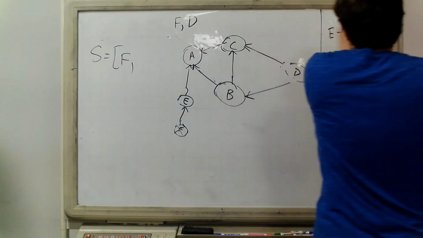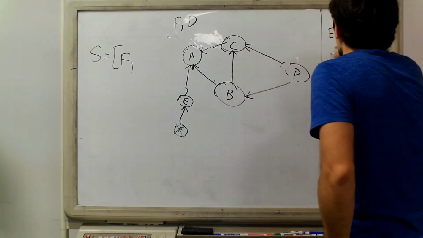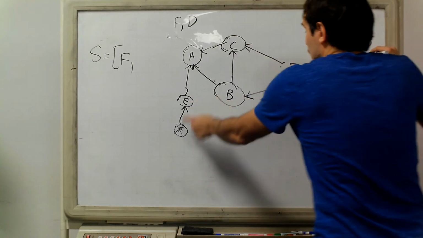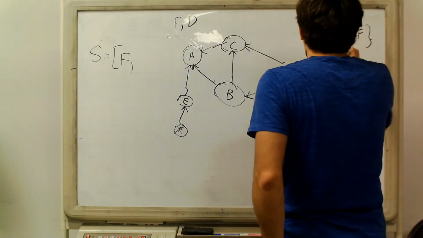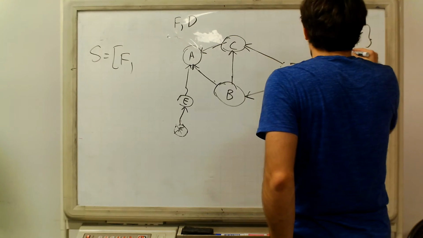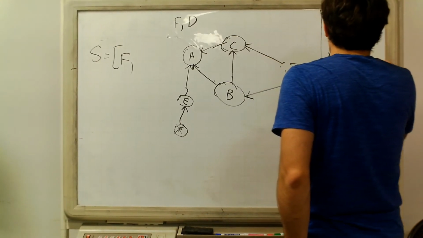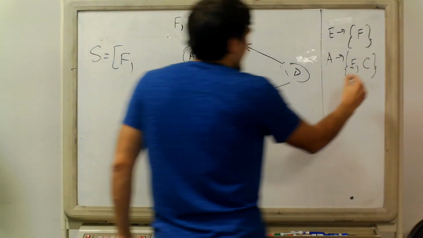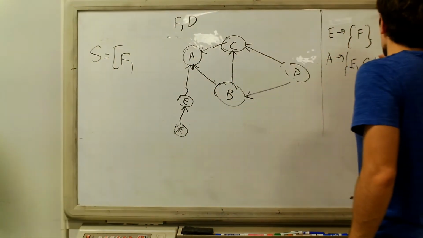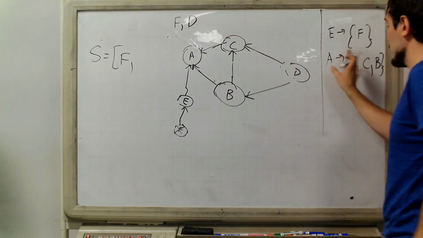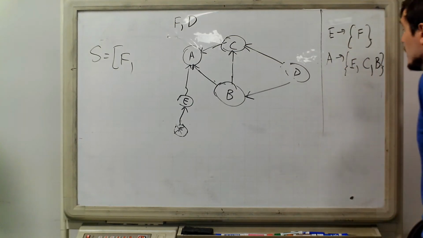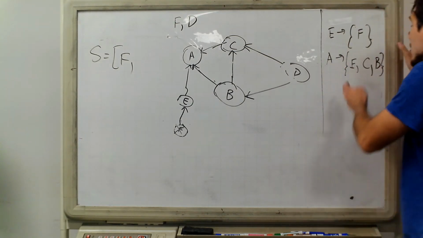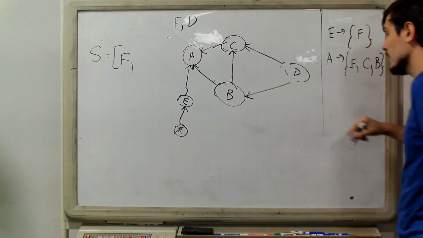So it'll probably be less confusing if I just put the whole list up here. So E was going to F, A was going to E, and also C in the original formulation, right? A had a pointer here and a pointer here. Oh, it was also going to B, E, C, and B. And these are all sets so that I can delete from them efficiently. If they were lists, I would have to potentially have elements moving about as I try to remove them.